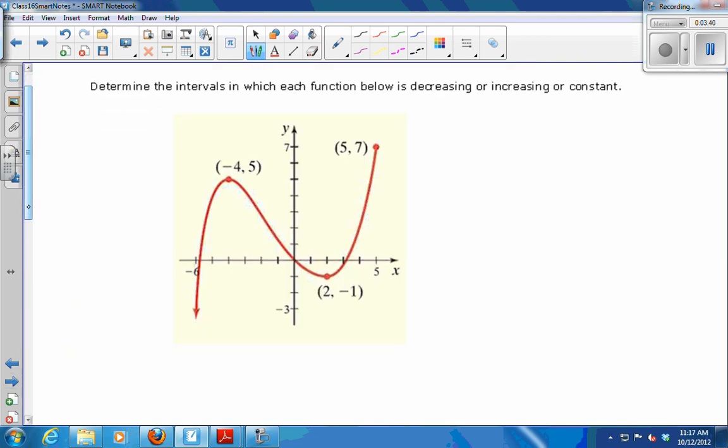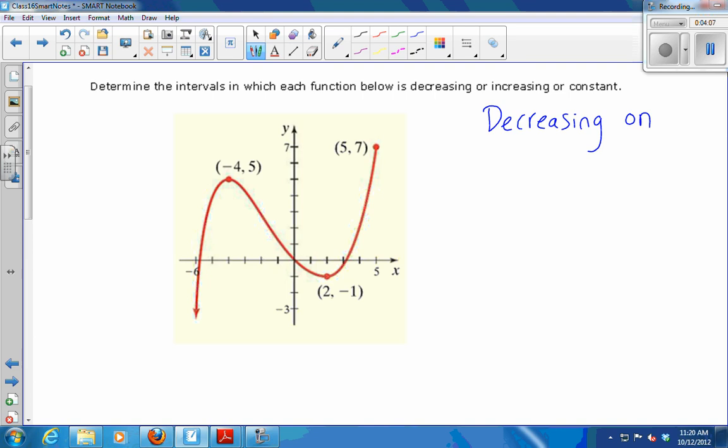So here's an example. Discuss in your groups. I want you to write down what intervals this function is decreasing, increasing, or constant for. Let's discuss the results here. So first, let's talk about decreasing. So I want to know what interval this function is decreasing on. -4 to 2.